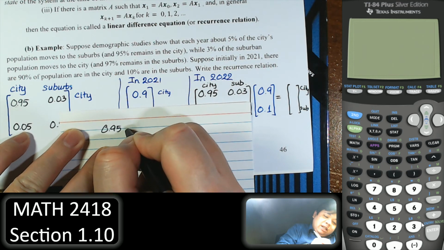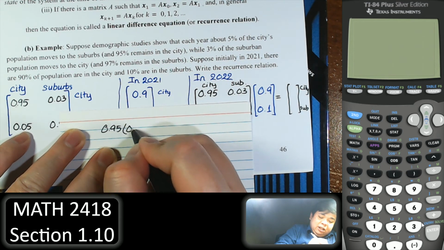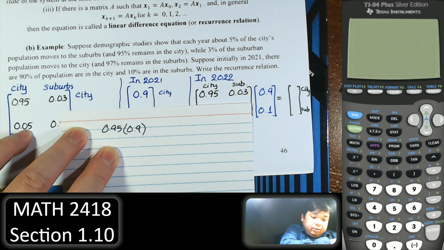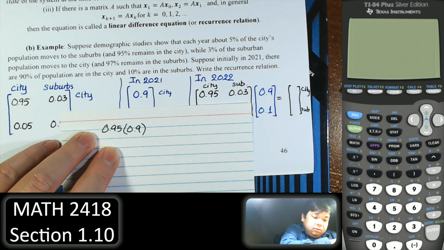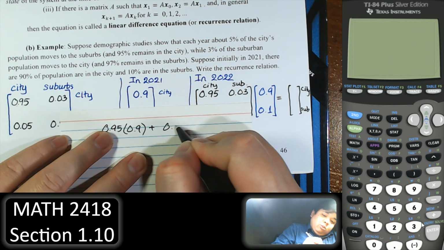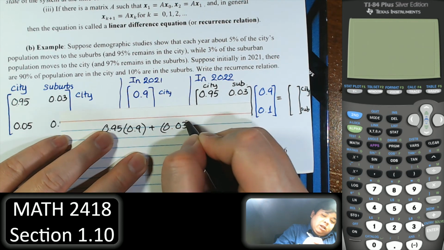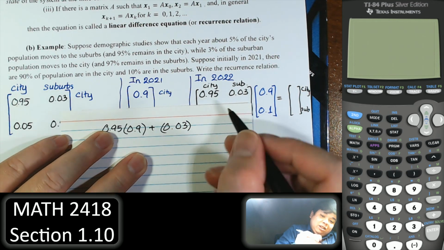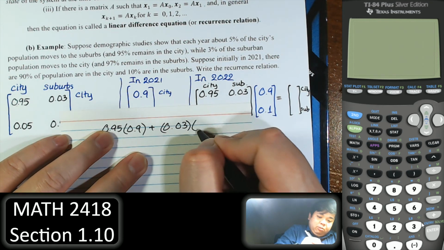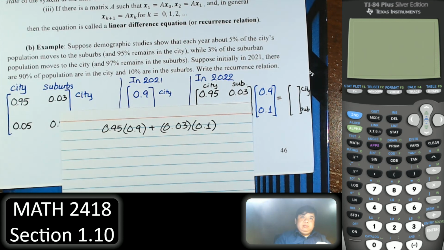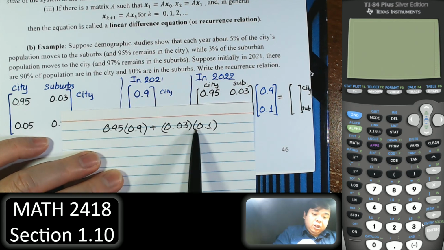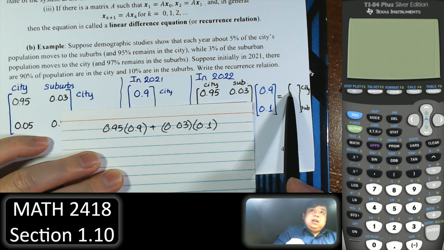So we have 95% of the city times the population at the city at the moment, plus 3% of the suburbs will move to the city, and at the moment, only 10% of the population is that. So when we add those up together, we have the percent of the population at the city.